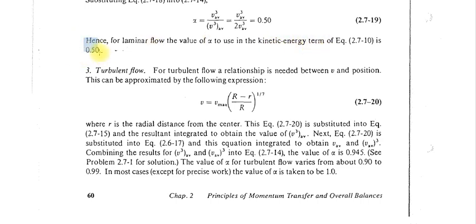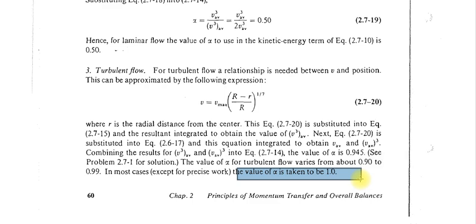So this is the important result: if the flow is laminar, you have to take alpha as 0.5, and if the flow is turbulent, for maximum turbulent flow, the value of alpha is around 0.945, or it varies from 0.90 to 0.99, and generally for turbulent flow alpha is taken as 1.